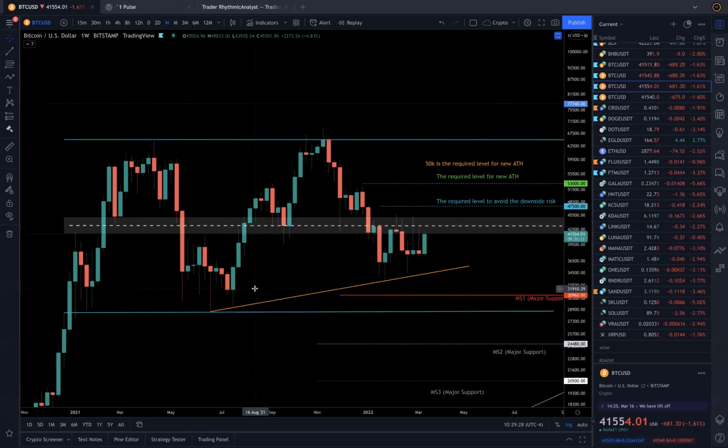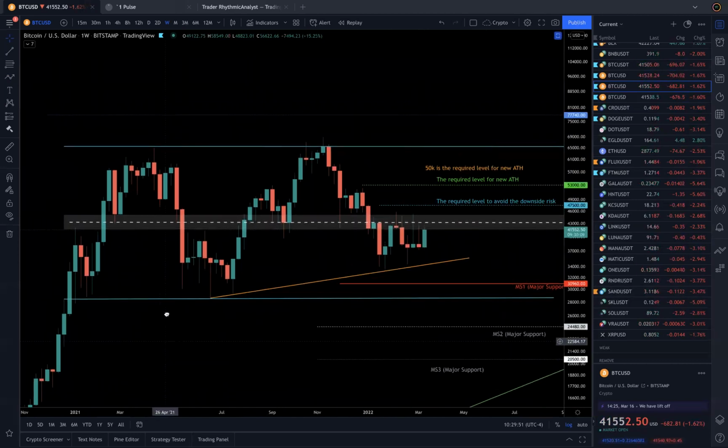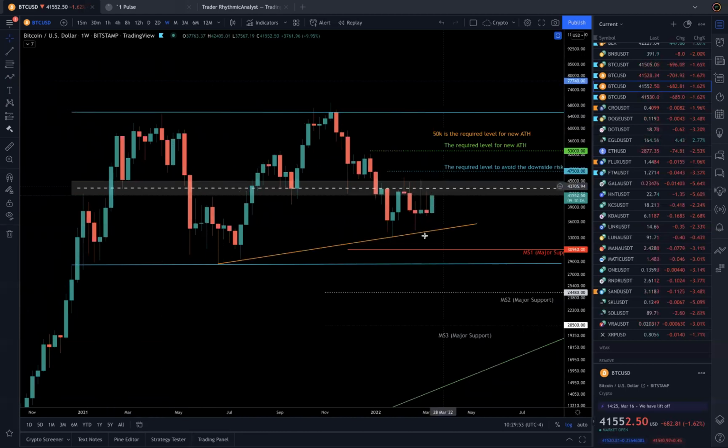So weekly is important for us to see what is really the trend here. This is like 14 months of consolidation. Bitcoin has been consolidating, you can say, from January, because in January it was here and still it is here. This is the month of March. So for the last 14 months, Bitcoin is under consolidation, a big consolidation with this range high and swing low.